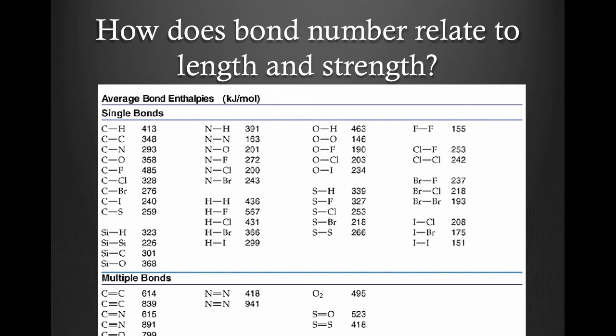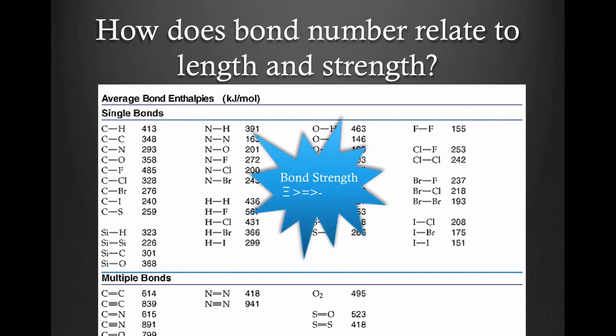But if I look at the carbon-carbon triple bond, it's 839. So that bond has a lot more energy because of that high density of electrons that's creating a great force of attraction between the two nuclei. So it takes a lot more energy to overcome that attraction. So for bond strength, we know that a triple bond is much greater in strength, and the double bond is much greater in strength than the single bond.